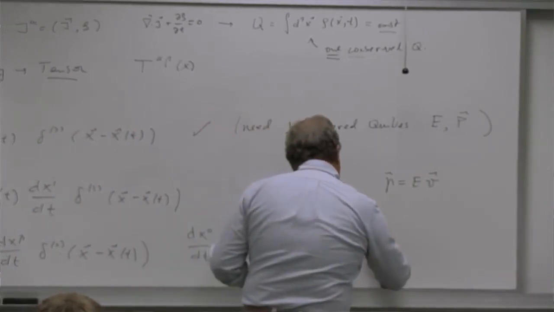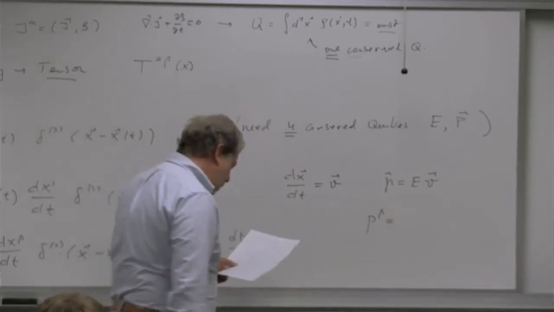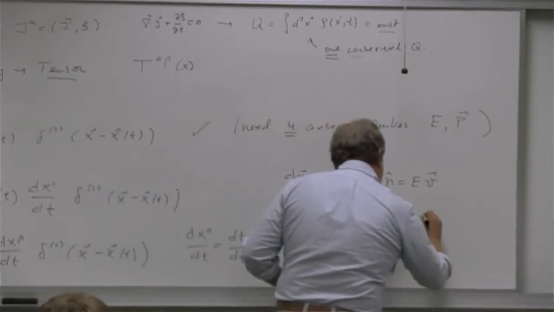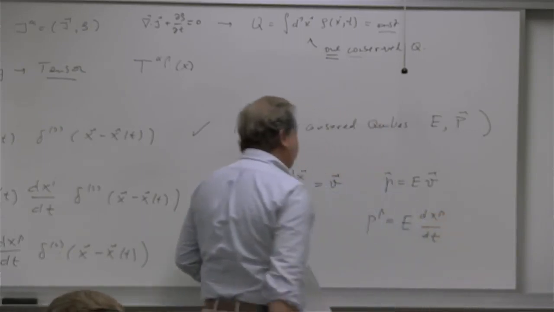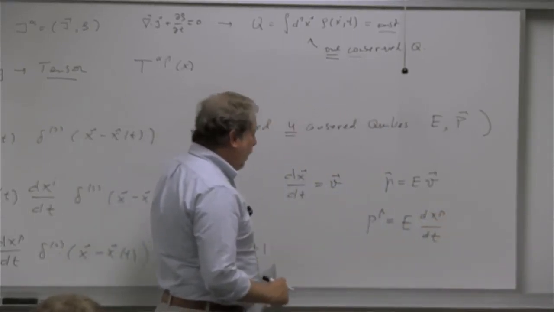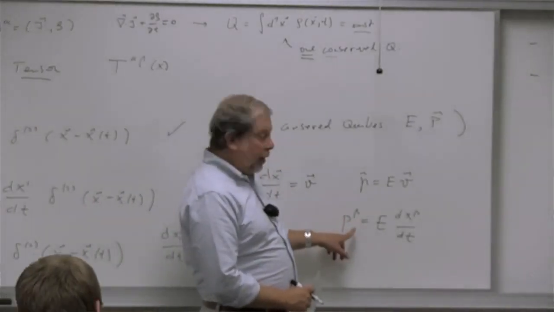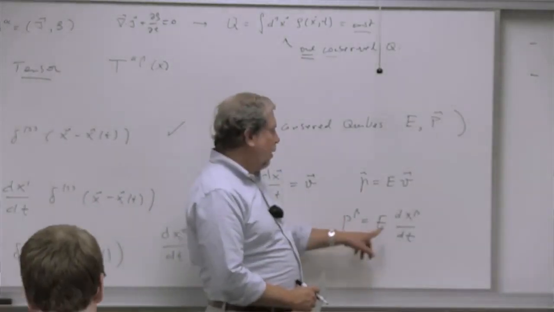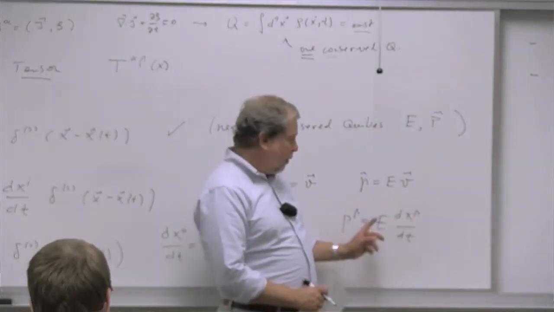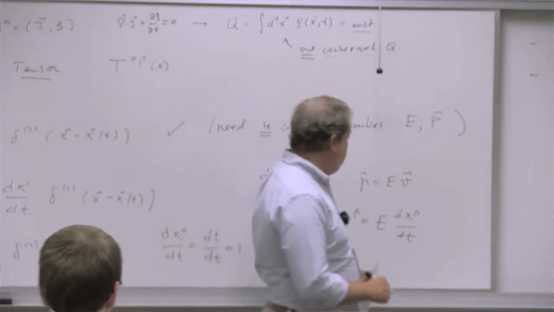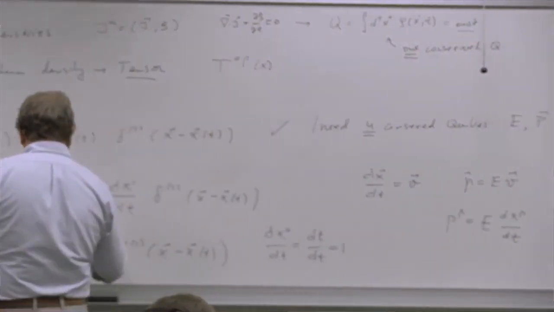So that means that we can write P beta as E times dx beta by dt. When beta is equal to naught, then we get P naught, which is the energy, and dx naught with respect to time is 1, so E is equal to E, so that works. So we're going to take that and use it for here.